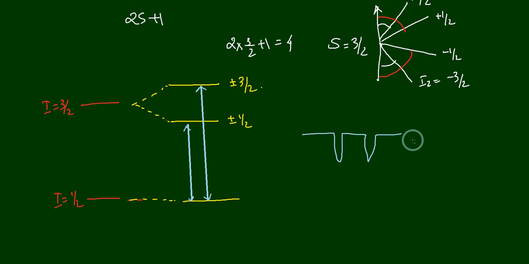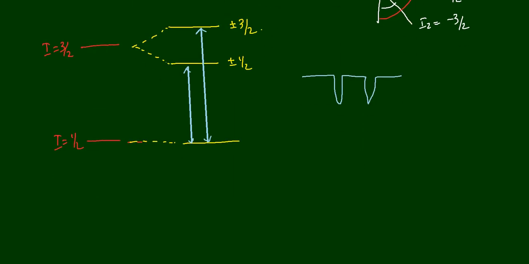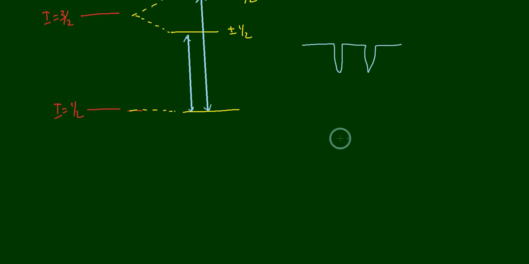For example, we can consider the Mossbauer spectrum of Fe(CN)5NO. In this case, there are five CN groups and there is one NO group.